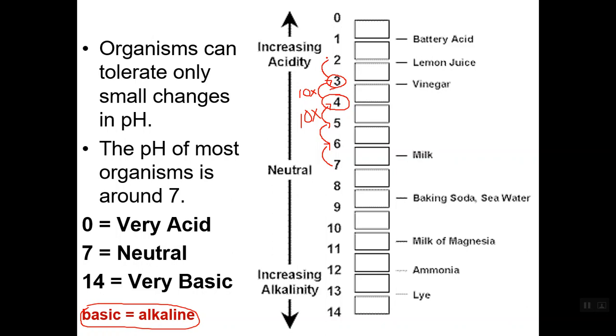Something with a pH of 2 is 10 times more acidic than something with a pH of 3. Something with a pH of 1 is 10 times more acidic than something with a pH of 2. And you can do multiples.